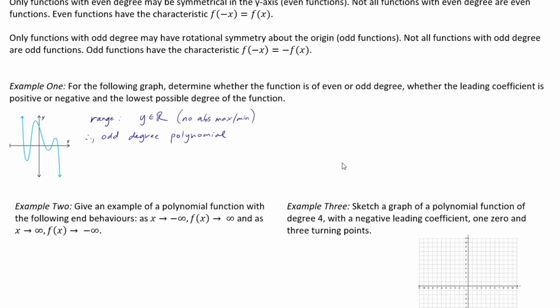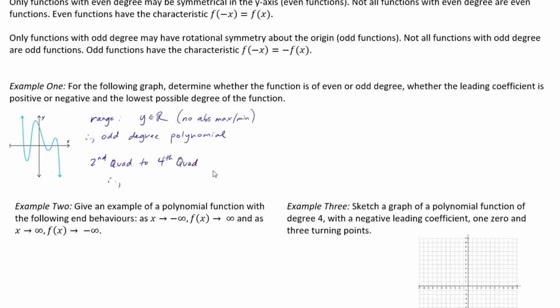The other thing that I see here that confirms that this is odd degree is that the function doesn't appear to open up or to open down. So it can't be an even degree polynomial. Now, I also see that it spans from the second quadrant to the fourth quadrant.